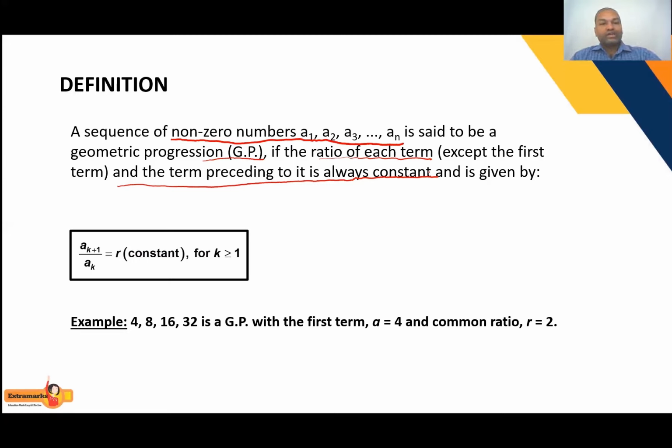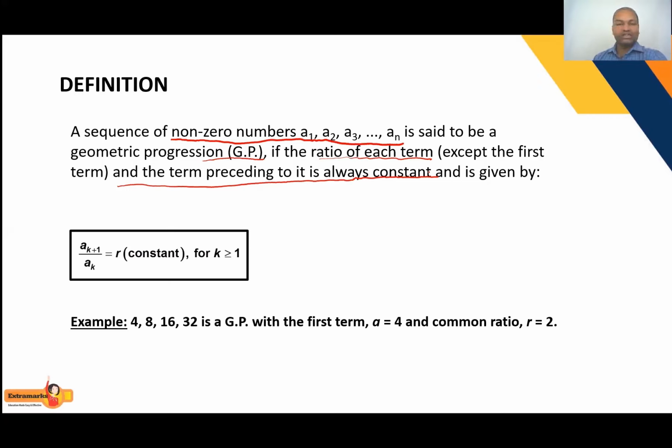Geometric progression is a sequence of numbers whose first term is non-zero and each of the succeeding terms is equal to the preceding term multiplied by a constant. Thus, in a GP, the ratio of successive terms is constant. This common factor is called the common ratio of the series.